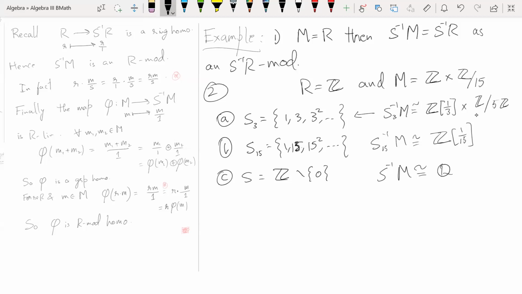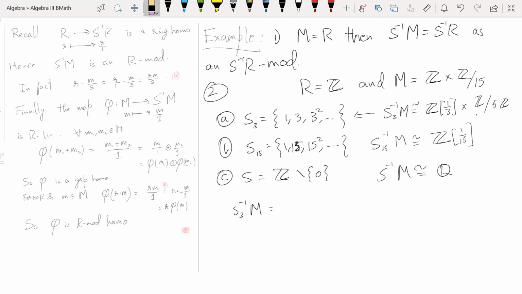S3 inverse of M consists of, maybe I should have just done Z mod 15Z, to simplify notation.